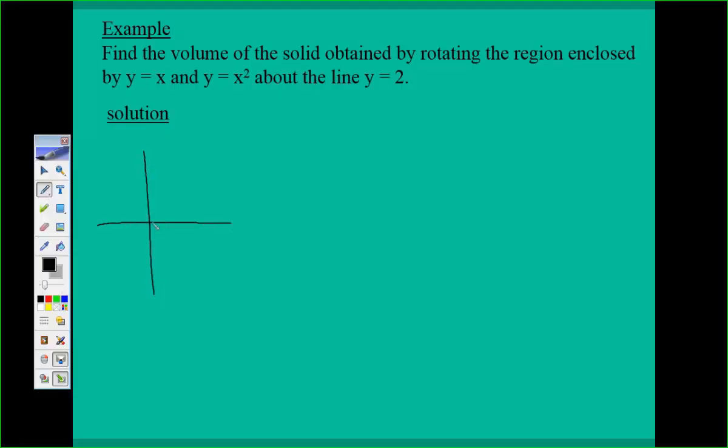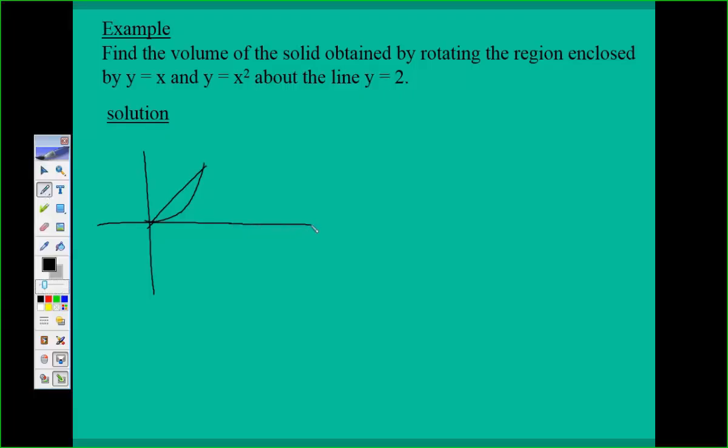We have y equals x and we have x squared. I'm going to eliminate the part of the graph that's not in the intersection of these two. So we can eliminate these pieces of the graph. This is the intersection. That's what we're going to be rotating around the line y equals 2.